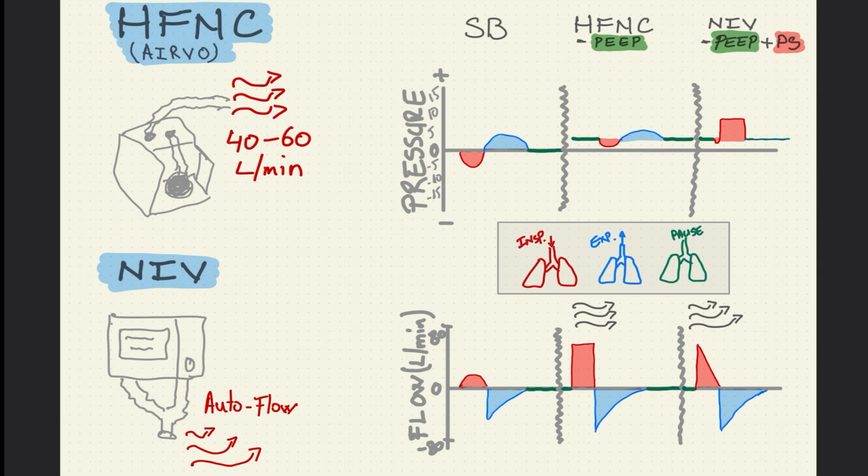Still, a pressure gradient takes place: a positive atmospheric pressure compared to a negative intrathoracic pressure, which is being generated by the downward movement of the diaphragm, creates this pressure gradient and an inflow of air, that is inspiration. Now, if we look at the flow of air during inspiration on high flow oxygen devices, the flows which take place during inspiration are much higher. In our situation it is 60 liters per minute, because that is the set value on the Airvo machine.